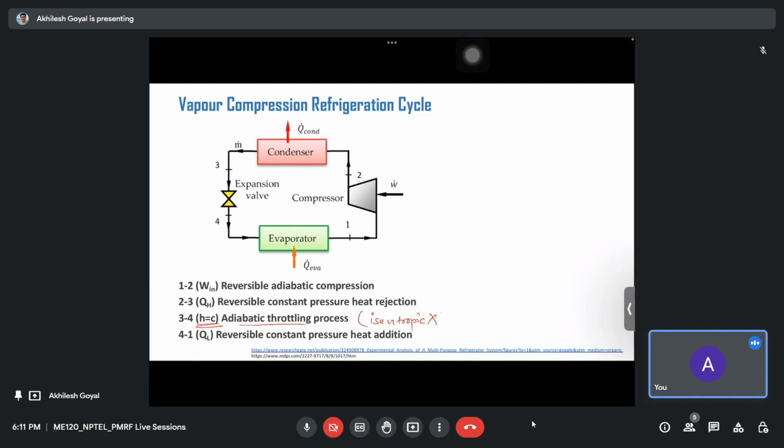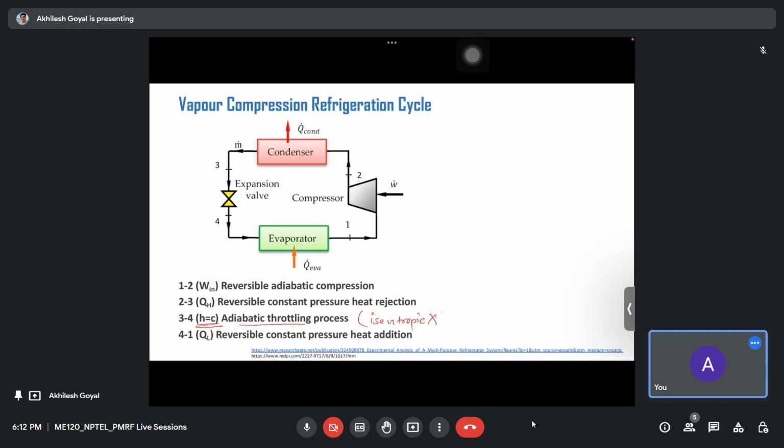And the fourth one is the evaporator, where the heat from the space where we want the refrigeration effect is absorbed in the evaporator at constant pressure.